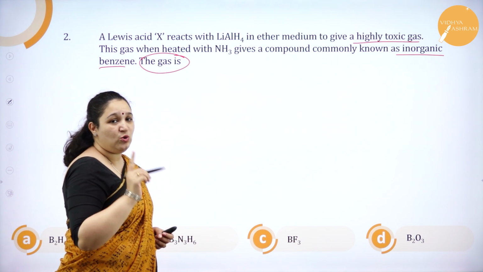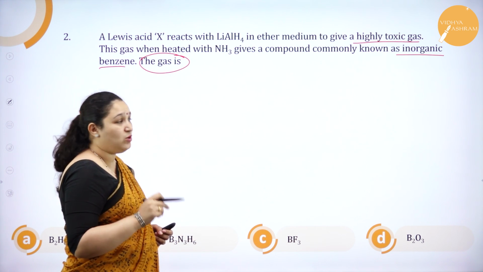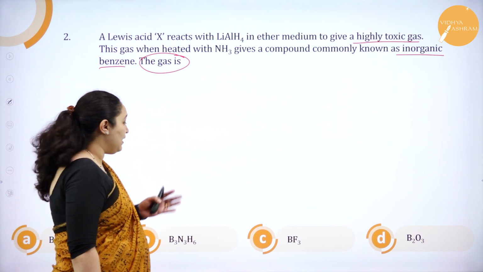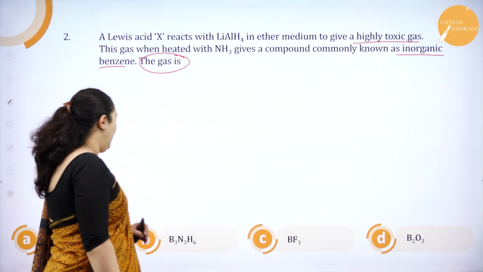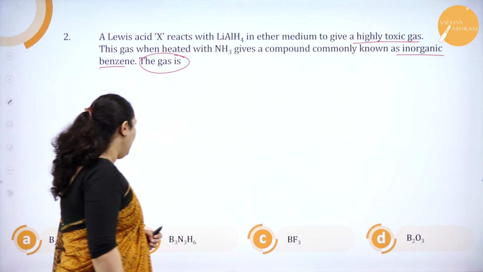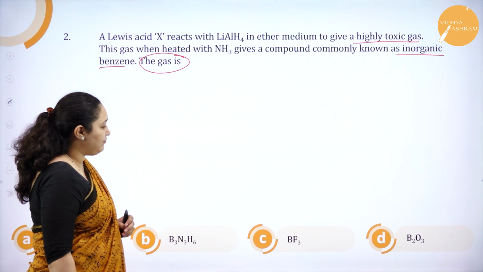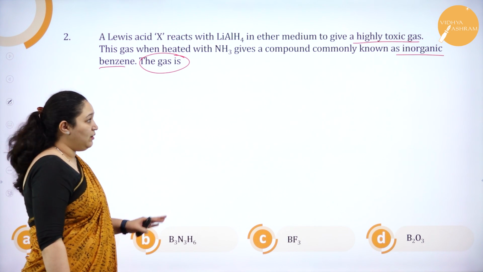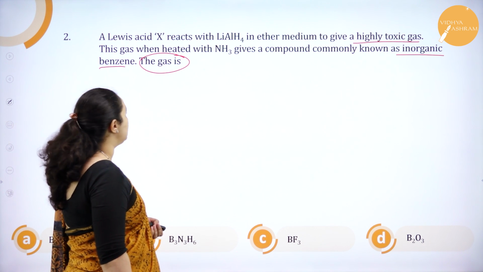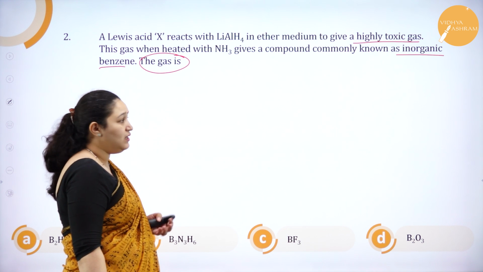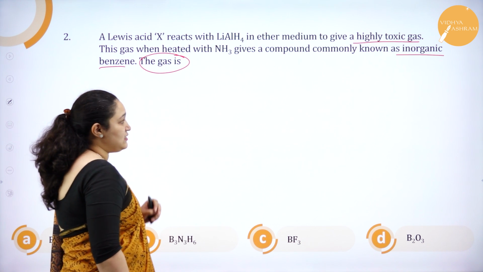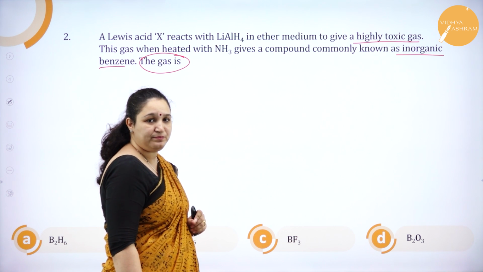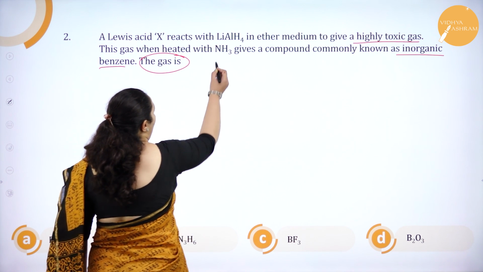They are not asking you what is X, they are asking you which is this toxic gas which is produced. Okay. So, we will see the options. We have B2H6, B3N3H6, BF3 and B2O3. Of course, second one cannot be the answer because that is a product which is formed, which is inorganic benzene. Okay. So, what is that which produces inorganic benzene when it reacts with ammonia?